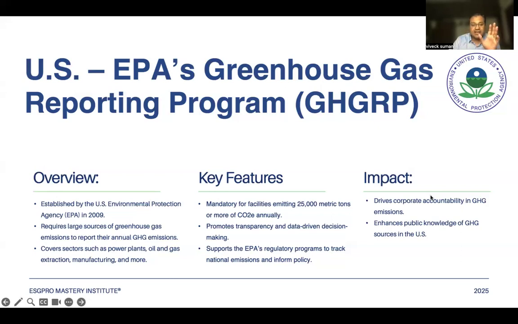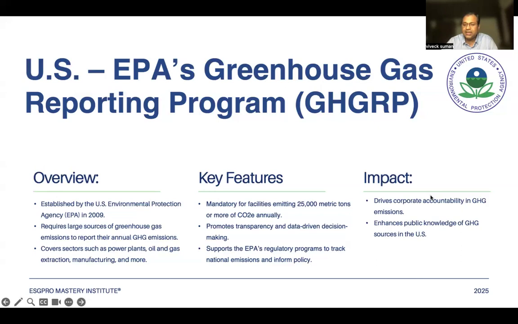The scope is really impressive here because it covers a wide array of sectors that are central to the US economy currently. Yeah, it's a mandatory requirement, first of all. If and only if, and again it will go in your notes, that company is emitting 25,000 metric tons or more of carbon dioxide equivalent, not only carbon dioxide, annually.